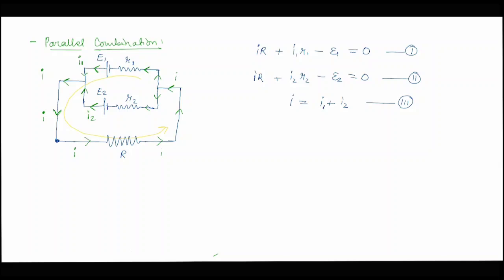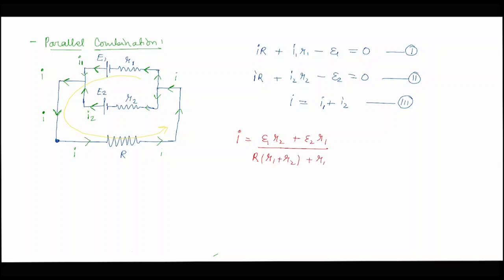So the current equation which we obtain by solving the above expression is equal to E1 R2 plus E2 R1 upon R1 plus R2 plus R1 R2.